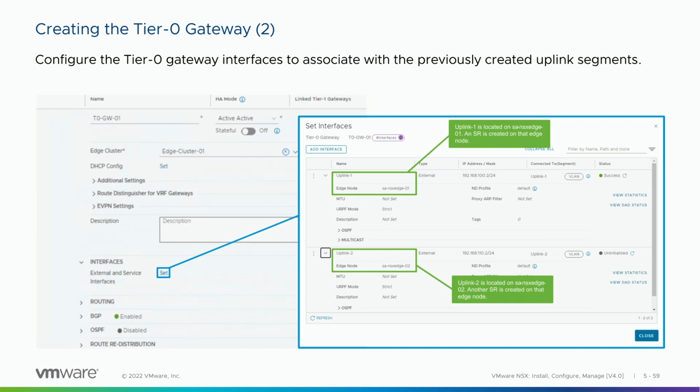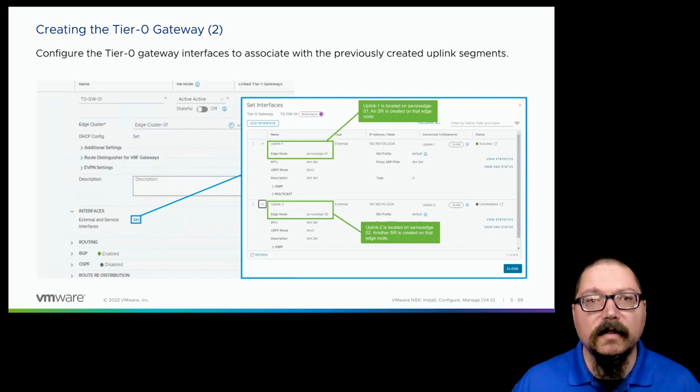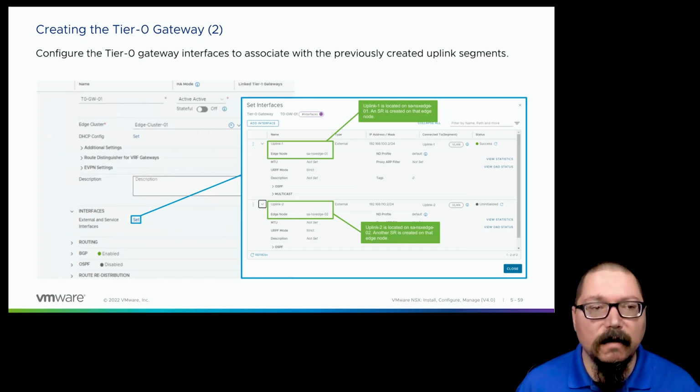So if I put an interface on SA NSX Edge 01, that will trigger NSX to create the service router object on SA NSX Edge 01. If I create another interface and put that on NSX Edge 02, that'll trigger another service router component to be created on SA NSX Edge 02.